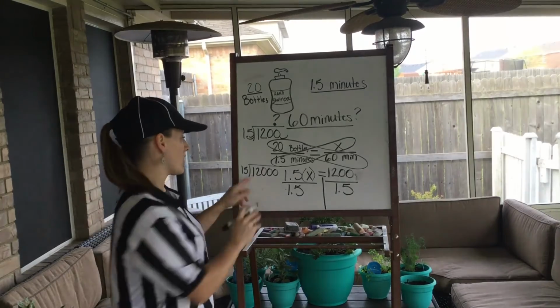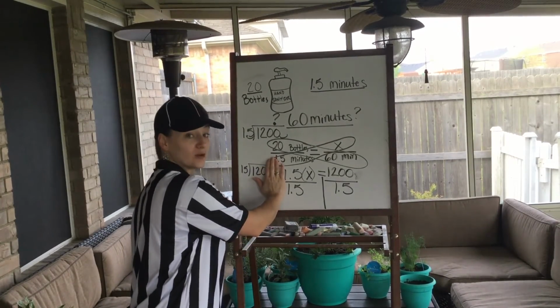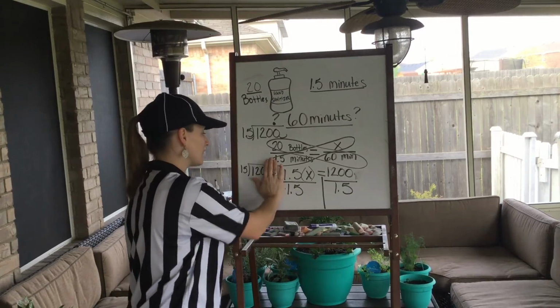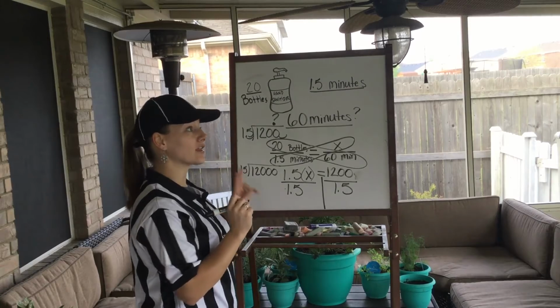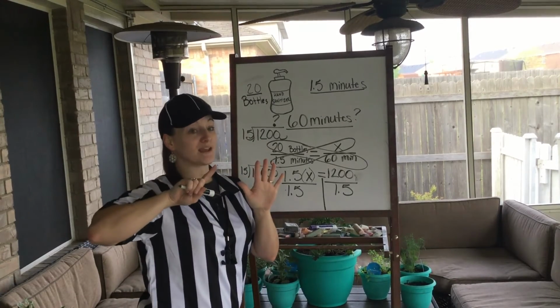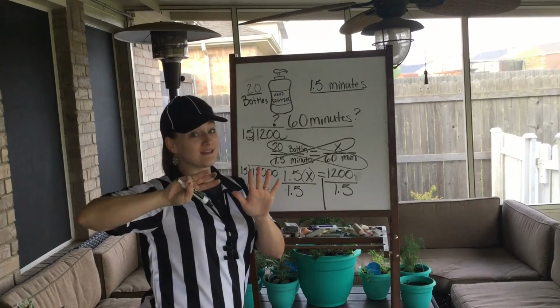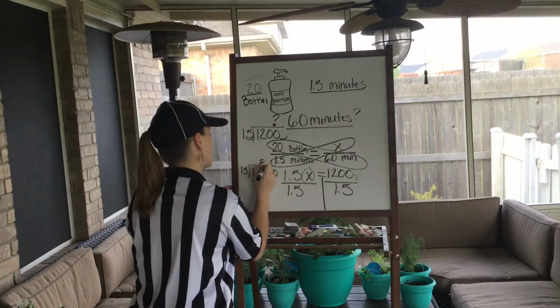15 won't go into 1. 15 can't go into 12, but 15 can go into 120. Let's see. 2 would make 30. 4 would make 60. 6 would make 90. So 8 would make 120. So we can go in 8.